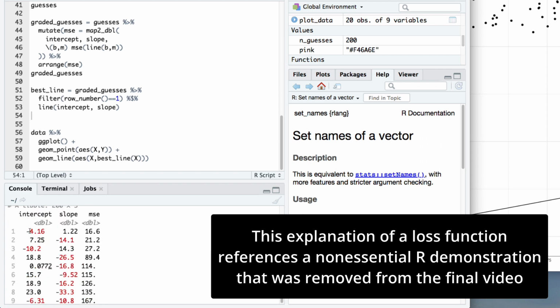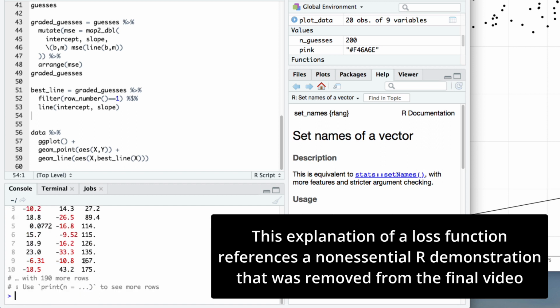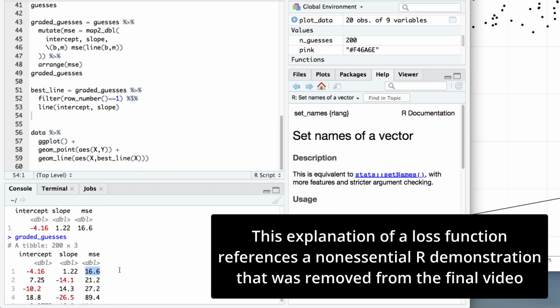If I use this function as my fit, how much do I have to pay? How much does it cost me if I'm believing that that's the truth, right? Here, this is what I'm paying. I'm paying this amount in error. This is my average squared error. I'm thinking of that as a cost to me. That's how much I'm losing if I were to use this function. If I were to use this other function, I'm losing even more, right? Here I'm losing like $167, where in this case I'm only losing $16.